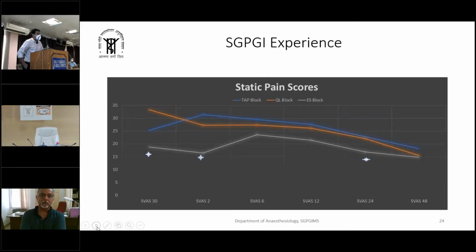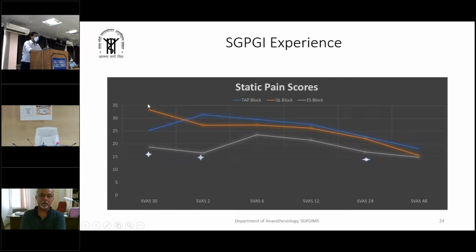We recorded the pain scores also. As we can see from our graph here, across all time points apart from the 30-minute interval, the static pain scores were highest for the TAP group, that is the transversus abdominis plane group, while they continued to be least at all time points for the erector spinae group.